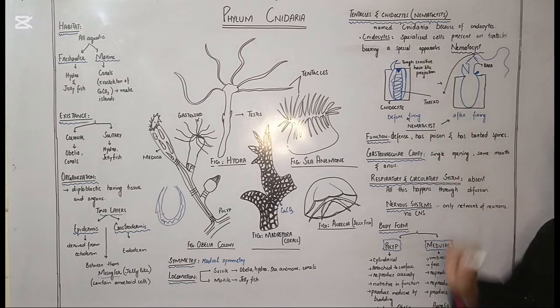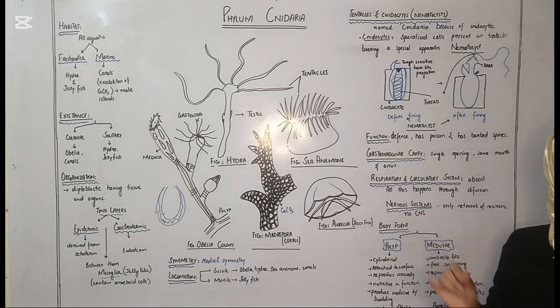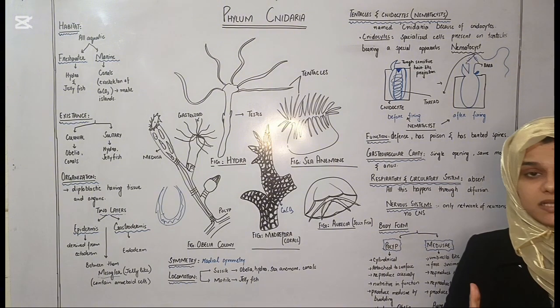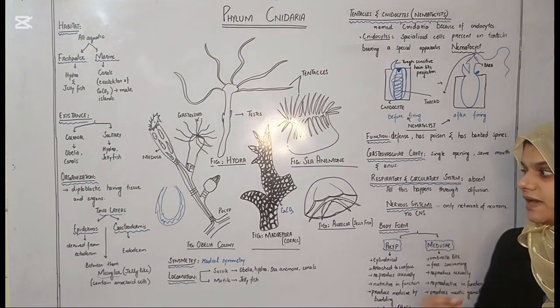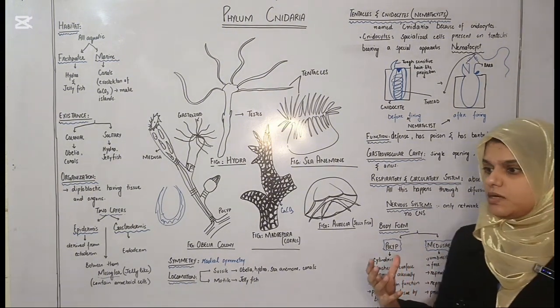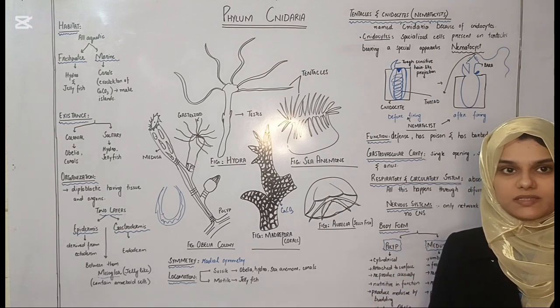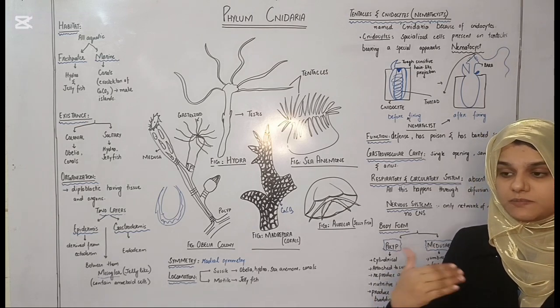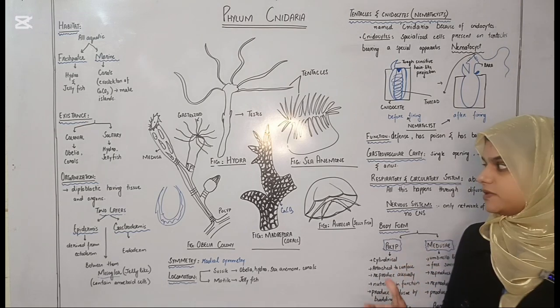Now the special characteristic of this phylum is the presence of cnidocytes. What are cnidocytes? These are special stinging cells which work for their defense when a foreign invader comes in contact with these organisms, or when they feel they are in a dangerous situation.